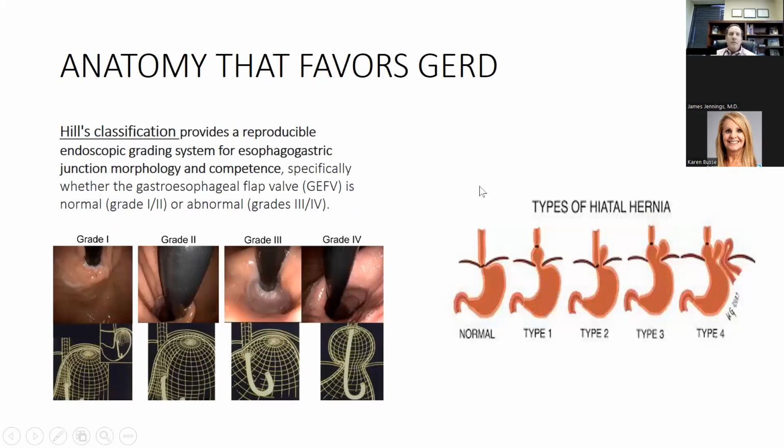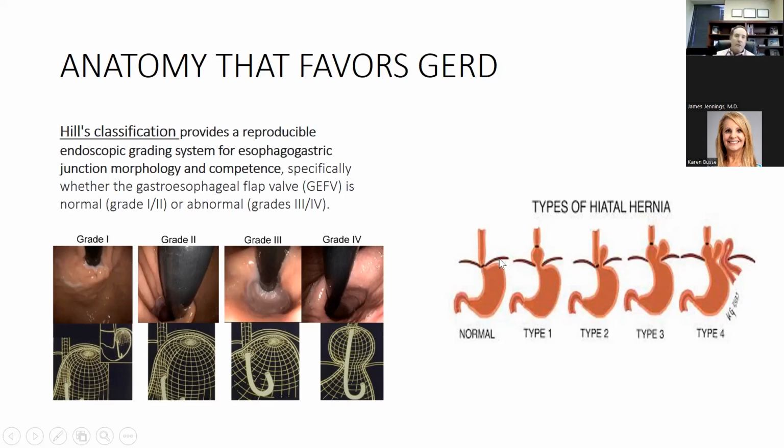To go through some of the anatomy, two things I want to point out that unfortunately I don't see every gastroenterologist doing, but one important item that we want to do during EGDs is to grade the EG junction with a Hill classification. And normal is going to be the right crus of the diaphragm wrapping around the EG junction here. And if you look over to this side, that will create the angle of His there.